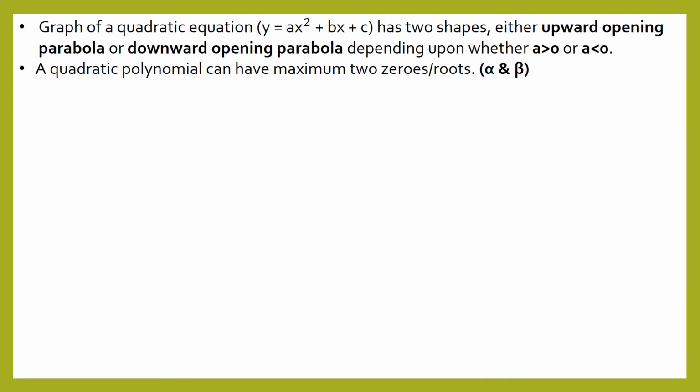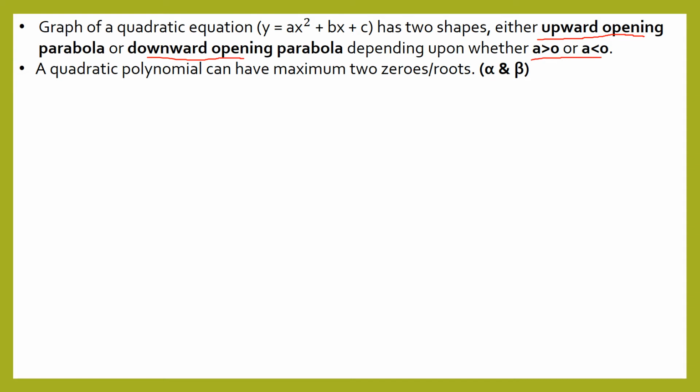In this slide, we will see the different possibilities of the parabolic curve for a quadratic equation. In the first point, I have written what I have already discussed, that the shape of the parabola can be upward opening or downward opening based on the value of a.